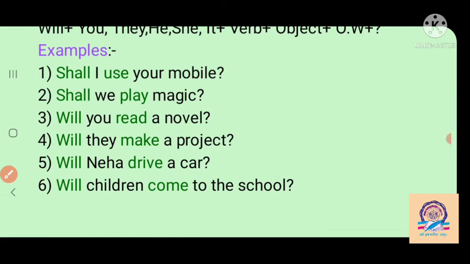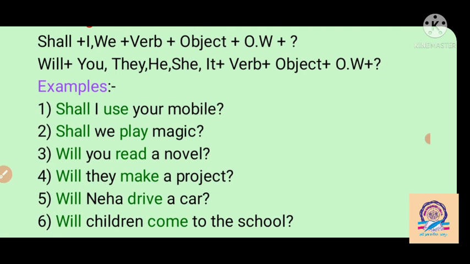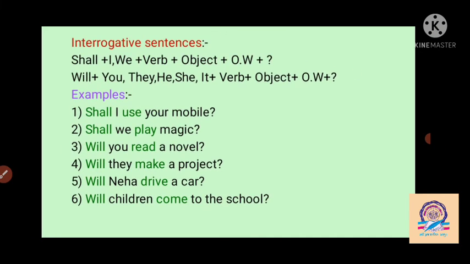So we can say that for making the interrogative sentence we have to keep shall and will first, then subject, then verb, then object, then other words, and last we have to keep the question mark here.